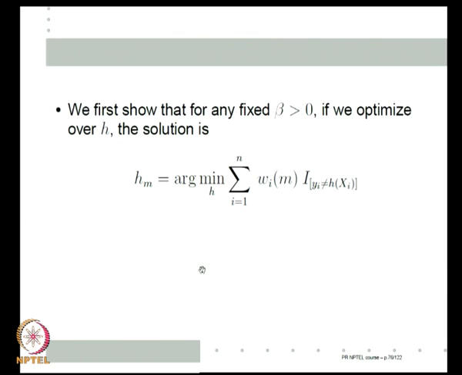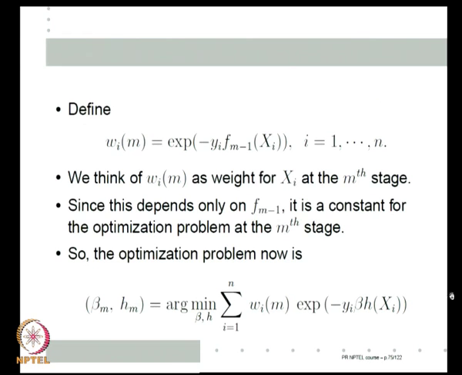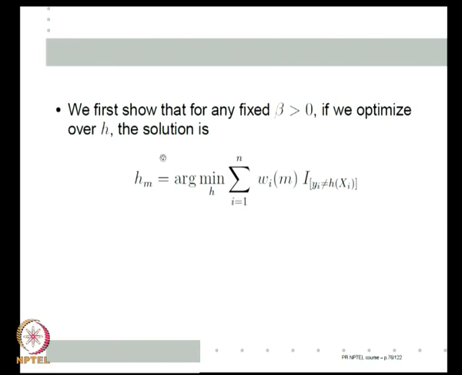What we are first going to show is that if I minimize this expression over only h, keeping beta fixed, for any fixed beta, over all possible classifiers h, then the h that minimizes this is the h that minimizes the sum from i equal to 1 to n of w_i^m times the indicator of y_i not equal to h(x_i).